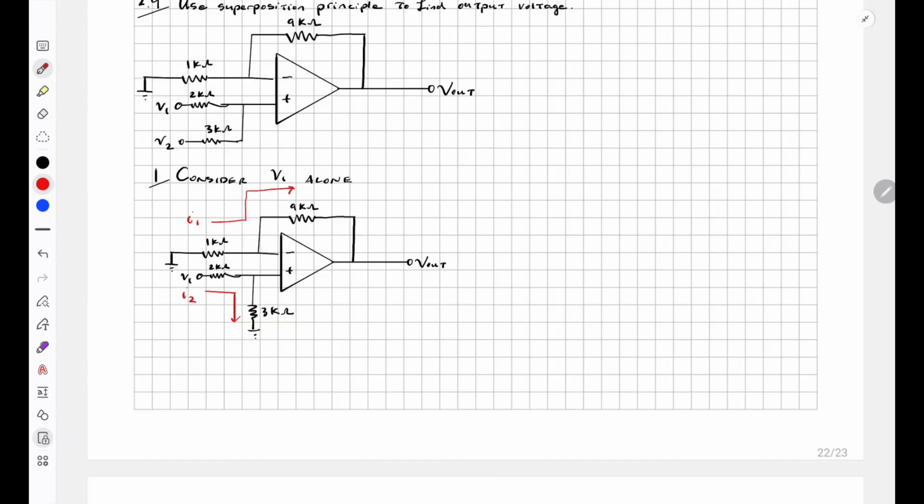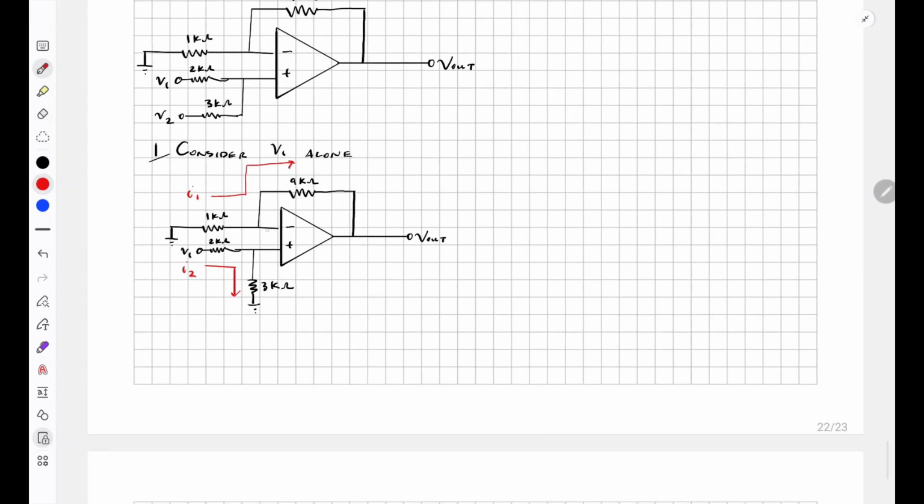And thirdly, we know that in the ideal op-amp there is a virtual short circuit assumption. So we know that V minus is equal to V plus, and we call this voltage Vx. So now we can use this principle.